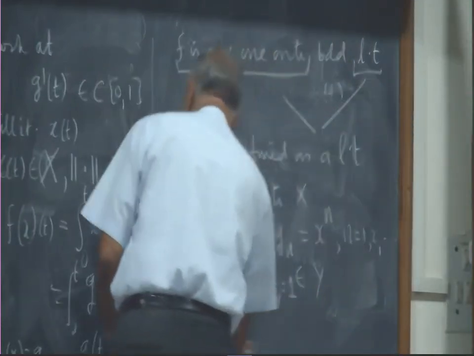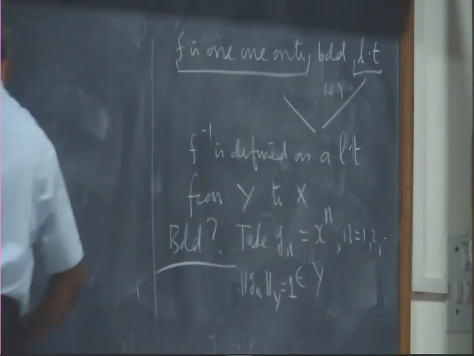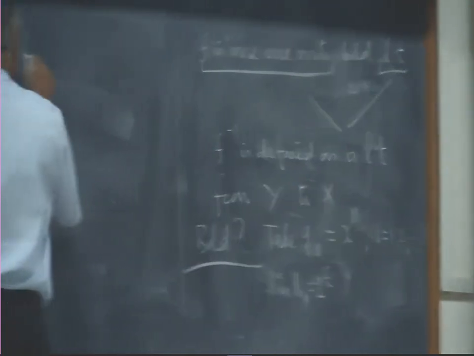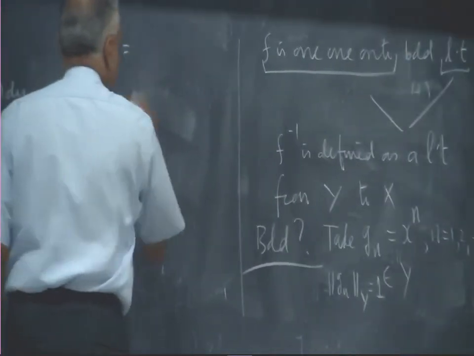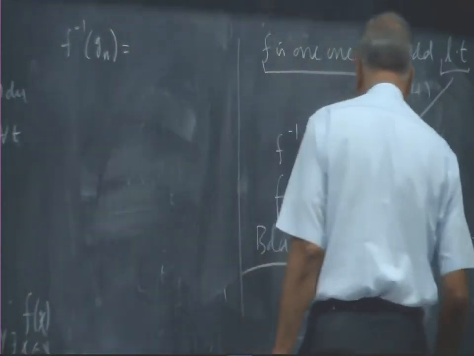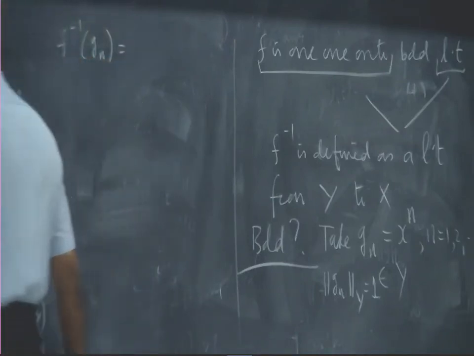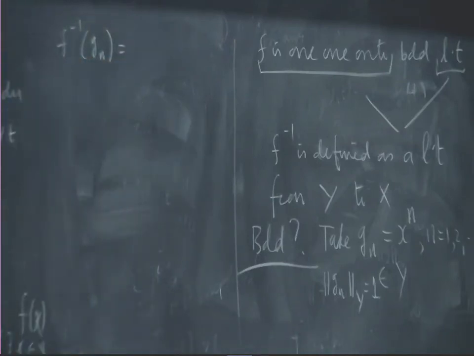So now I'll come back here. What is F inverse of g_n? What is the definition of F inverse of g_n? To get the inverse of g, I must differentiate that.